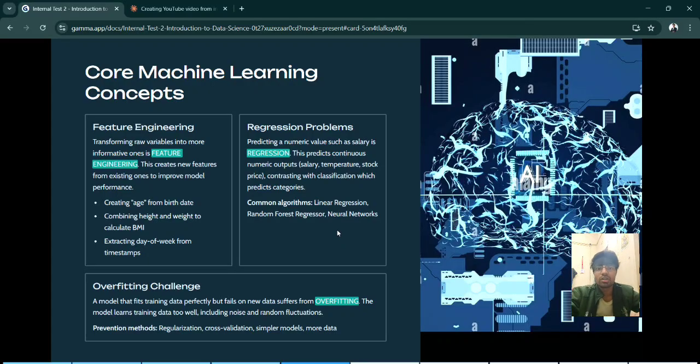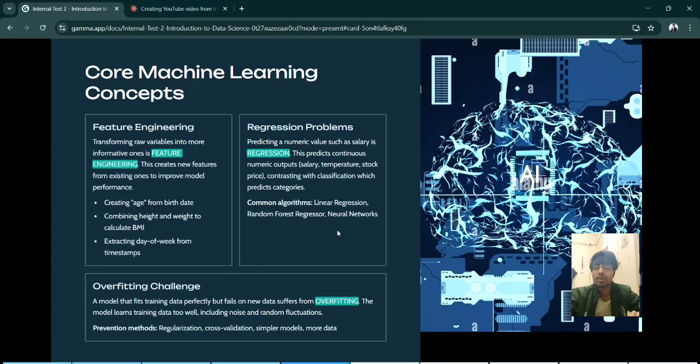So question number 15: training multiple diverse models to improve accuracy is known as blank learning. So the answer is ensemble learning. Ensemble learning is the wisdom of crowds approach, combining predictions from multiple models to get better results than any single model.